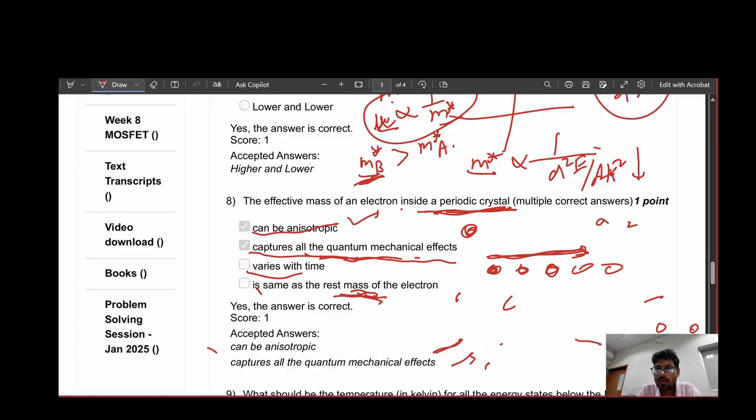So in the same direction, it won't change with time. The effective mass, M star, will be constant. But if we were talking about some other defective material, it would change. Definitely, it would change.